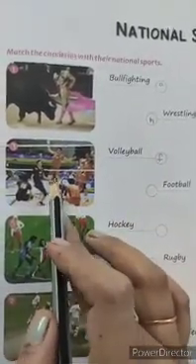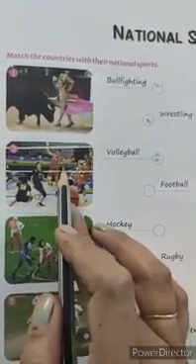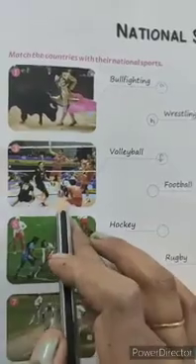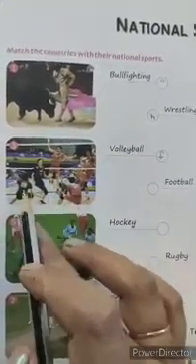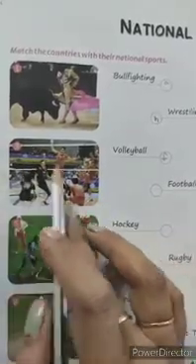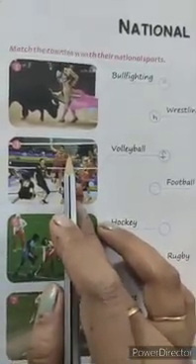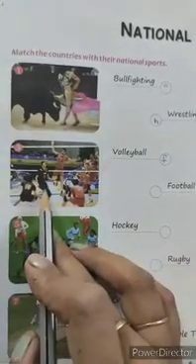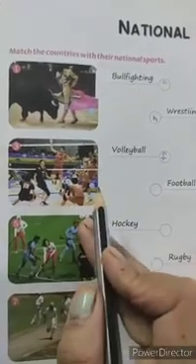Volleyball is a team sport in which two teams of 6 players, means in each team there are 6 players, are separated by a net. In between these two teams, there is a net. Each team tries to score a point by grounding a ball on the other team's court.